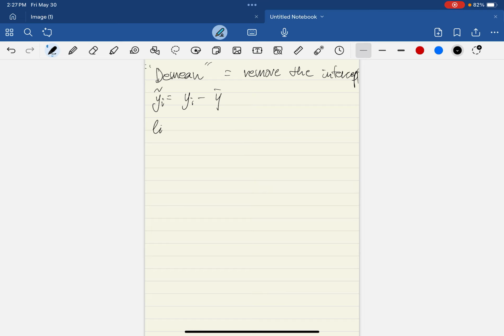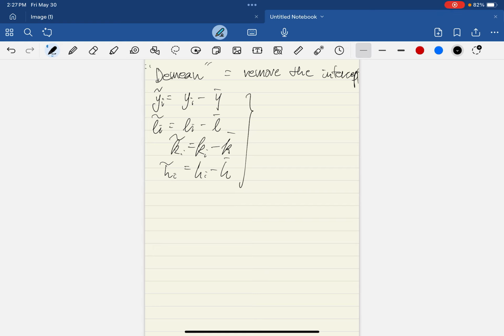Similarly, l_i tilde is l_i minus l bar, k_i tilde is k_i minus k bar, and h_i tilde is h_i minus h bar, right?